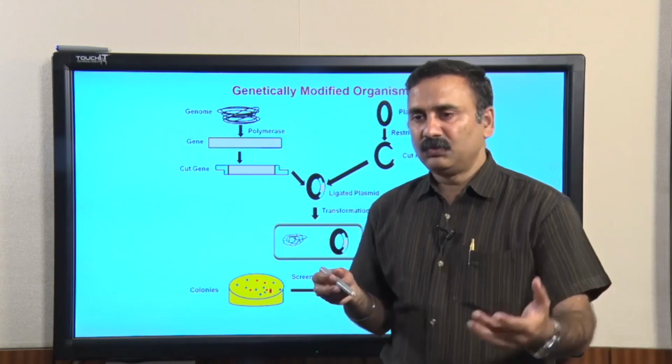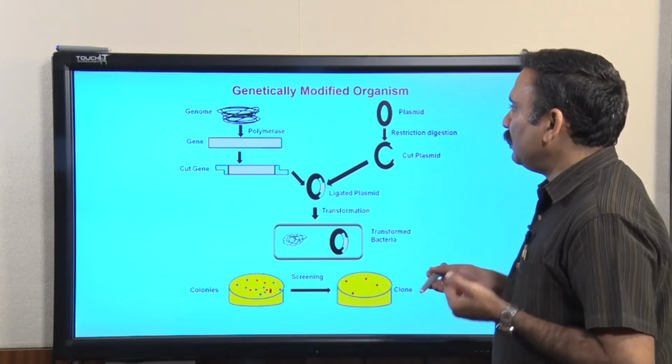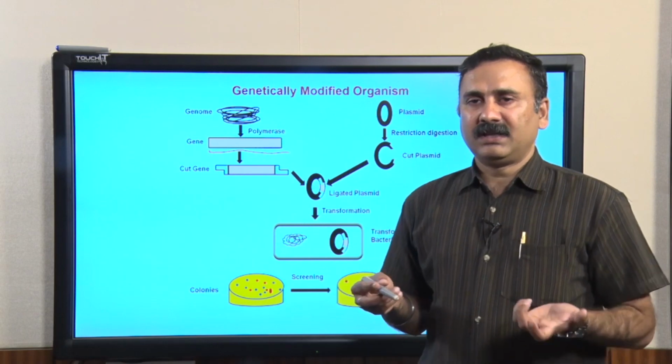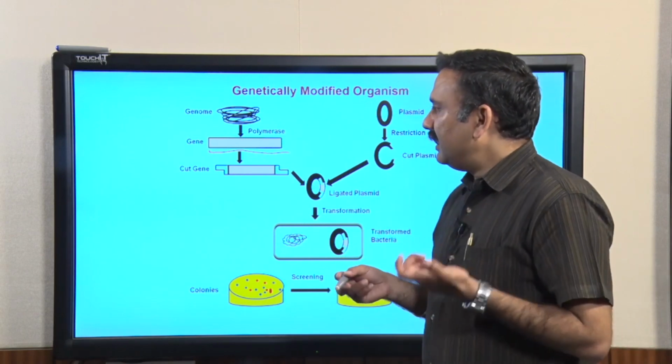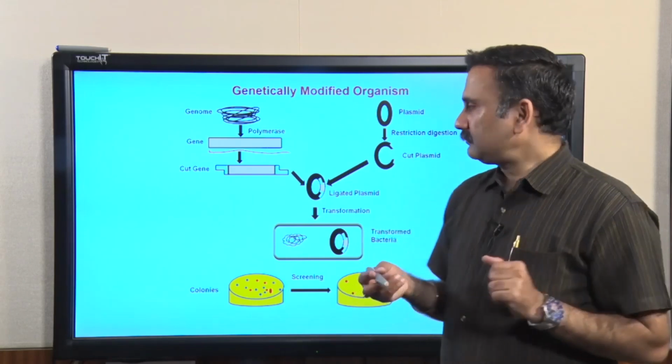I will take you through this process with an example. If a particular organism has a genome, you do a PCR reaction, and that PCR reaction gives you the DNA corresponding to the particular gene which you would like to introduce into the new organism, and this gene is important for giving a specific trait.